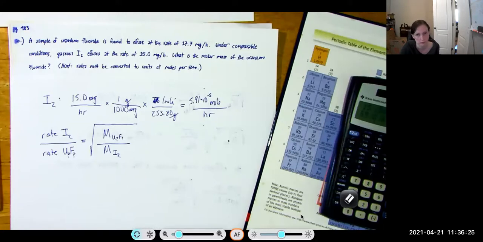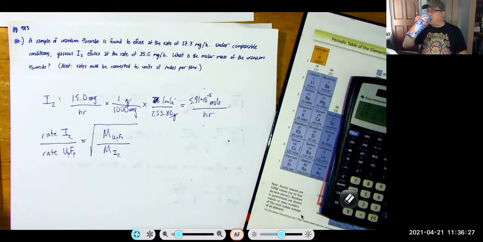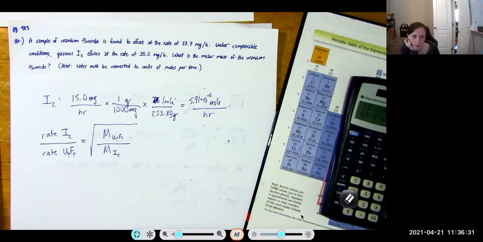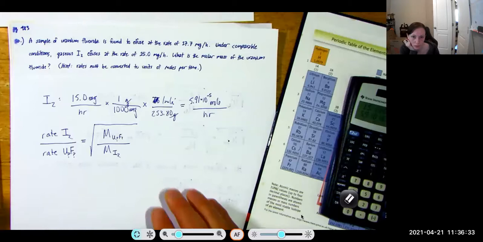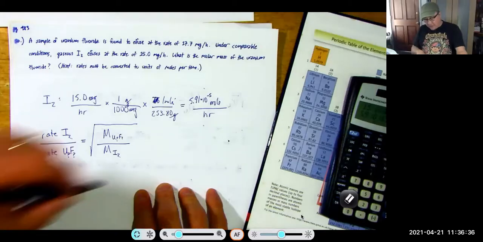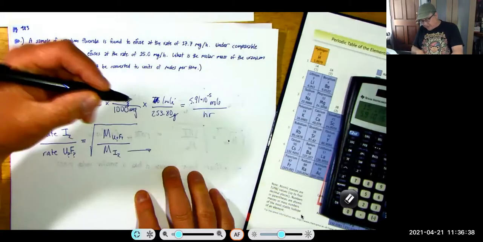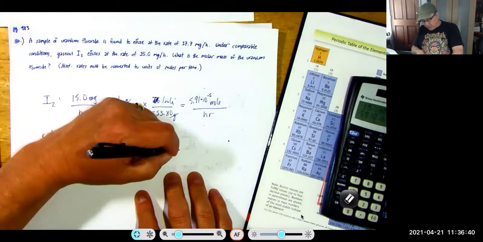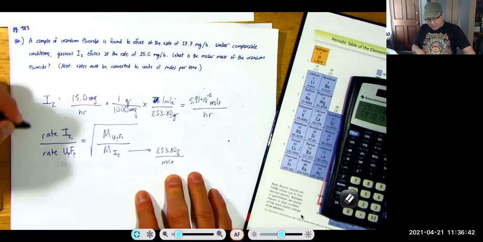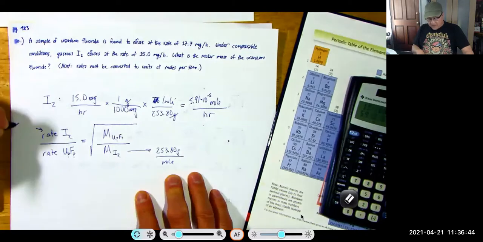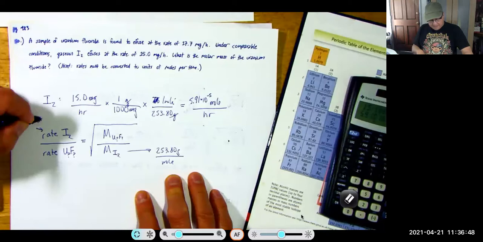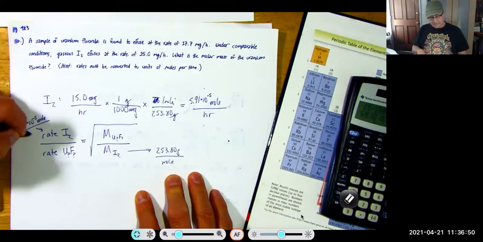So where do you want to go from here? Well, we know the molar mass of I2. The molar mass of I2 we already have as 253.80 grams per mole. And now we have the rate is 5.91 times 10 to the minus 5 moles per hour, right?